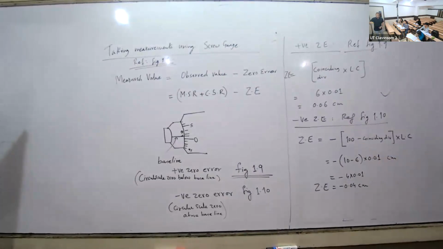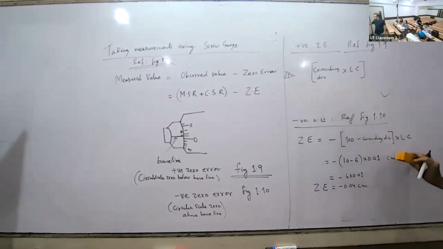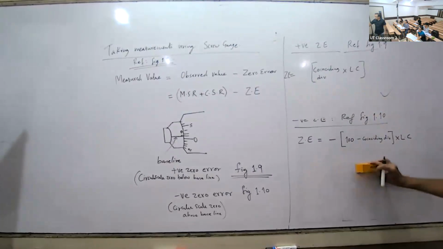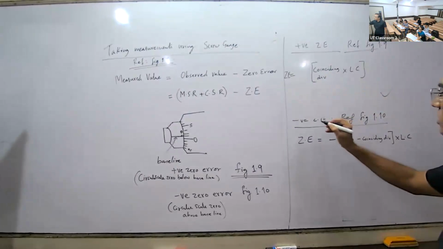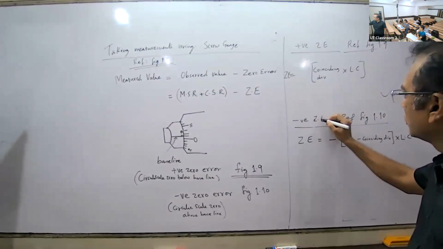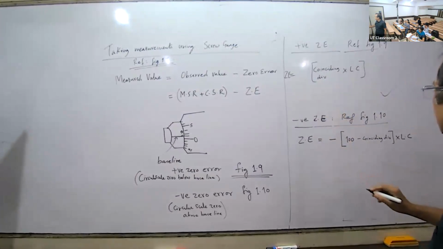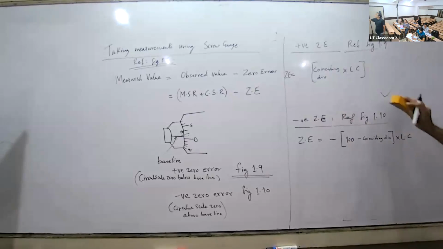So this calculation we'll see in the next class. Right now I thought I'll just give you the theory. In the next class, we'll read and count and solve numericals. These are just the formulas.